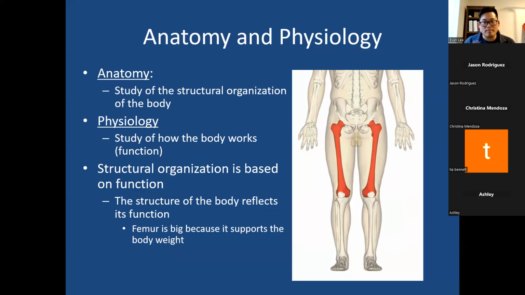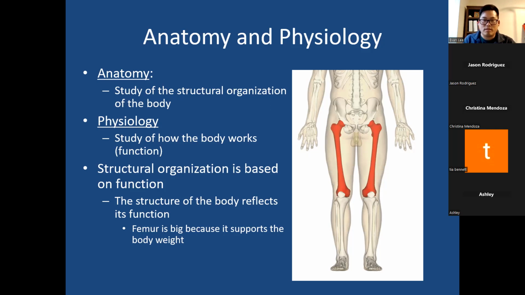But just to be clear, anatomy typically does also go hand in hand with another topic called physiology. So anatomy and physiology are two words that usually go hand in hand because structure typically is very important to function. So a certain structure or organization is going to also definitely play a role in how it works.